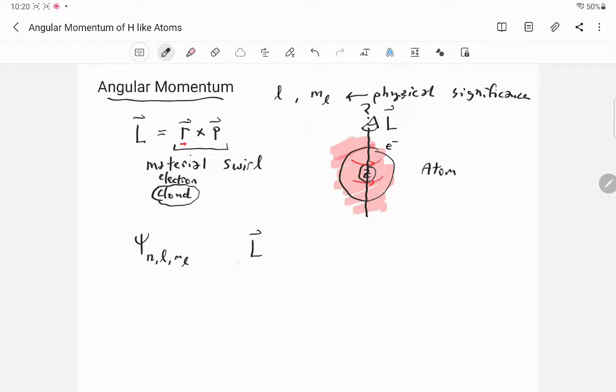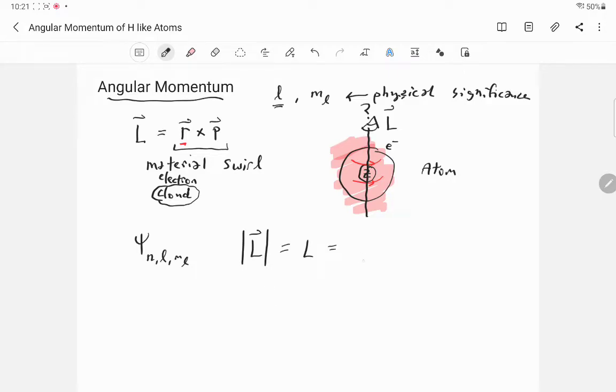If you ask what is the magnitude of the angular momentum vector, dropping any interest in the direction of the swirl and only asking how much swirl there is, let's call this just capital L without the vector symbol. This is the magnitude of the angular momentum. It's actually a function of the quantum number lowercase l. That's why lowercase l is called the orbital angular momentum quantum number.